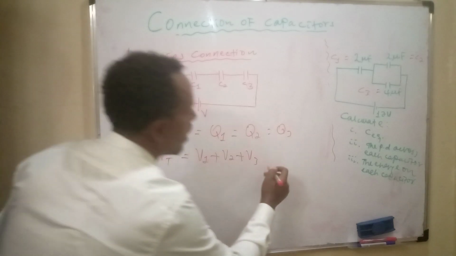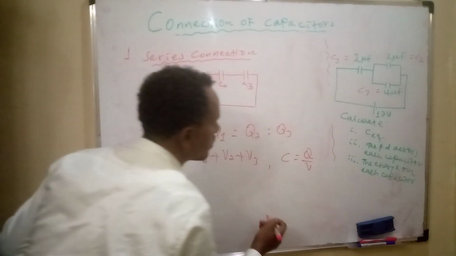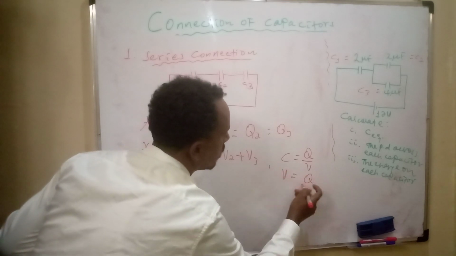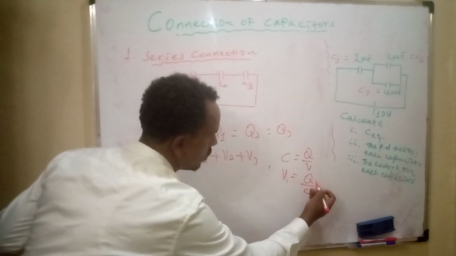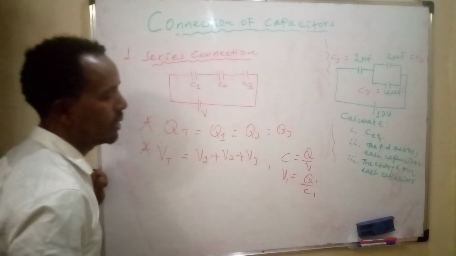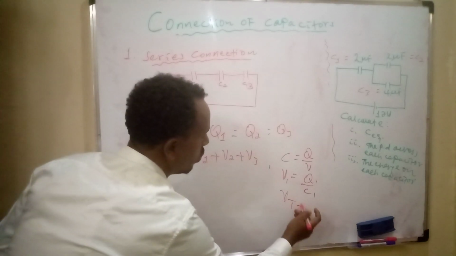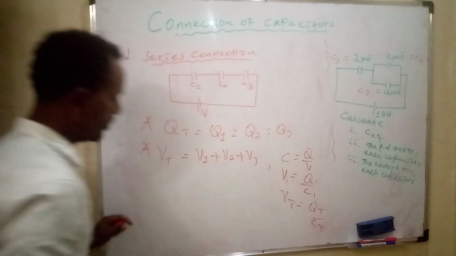Now, capacitance is equal to charge over V. From this, V is equal to charge over C. V1 is equal to charge 1 over capacitance 1. Here, V total is equal to charge total over capacitance total.